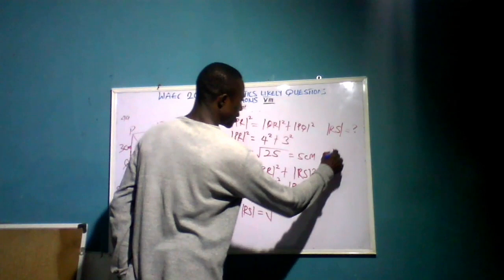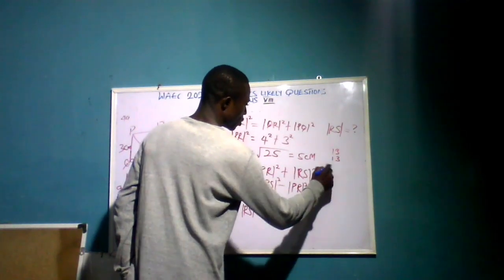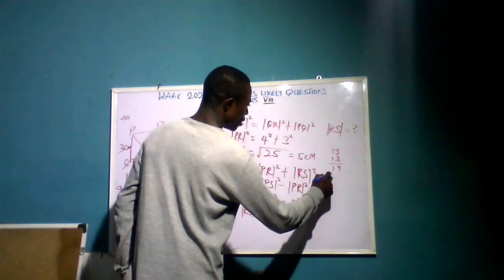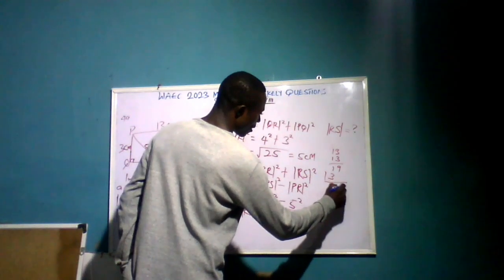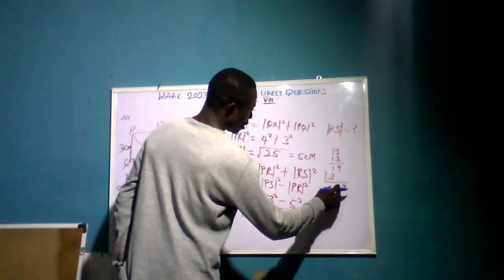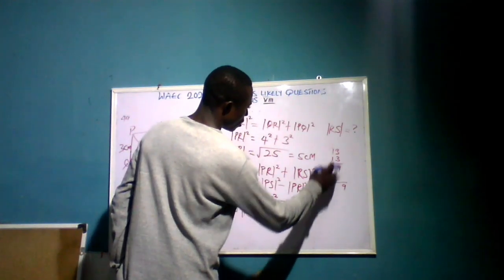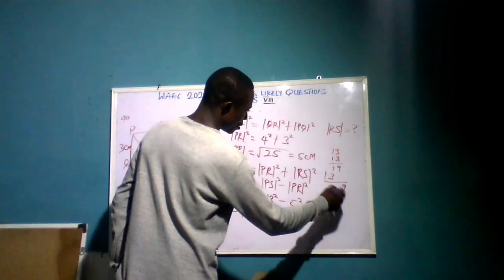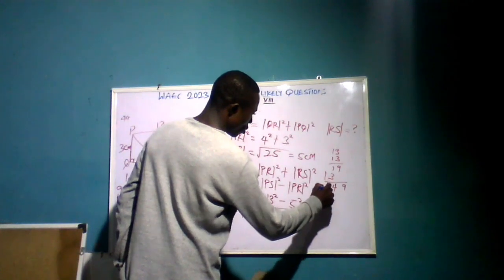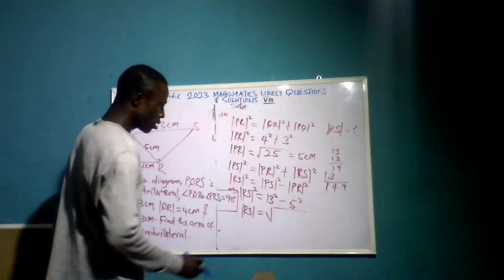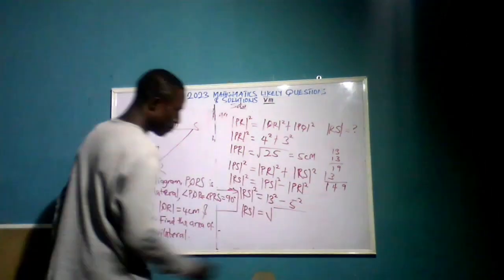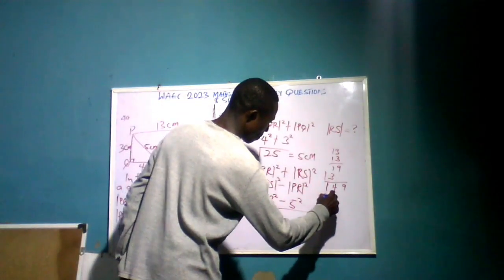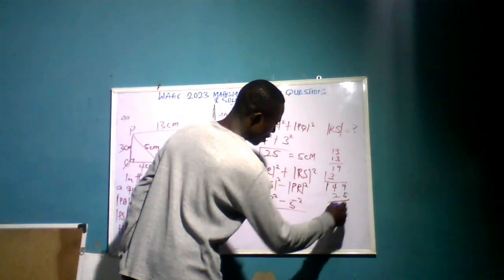That will be 13 times 13. Okay? So you have 169. Okay? And 169 minus 25. That will give you 144.